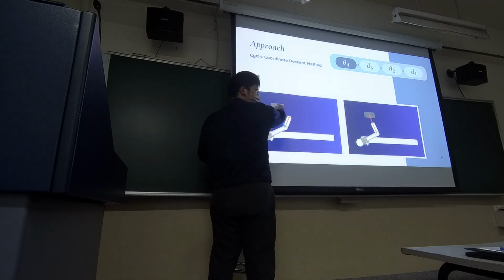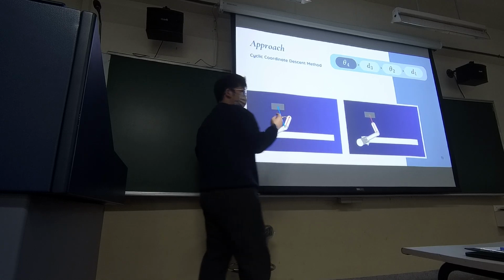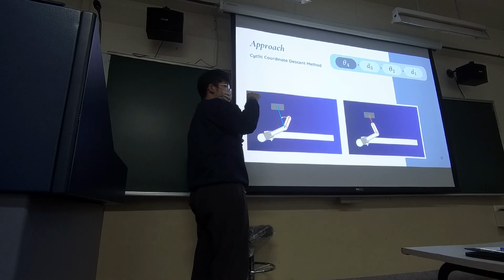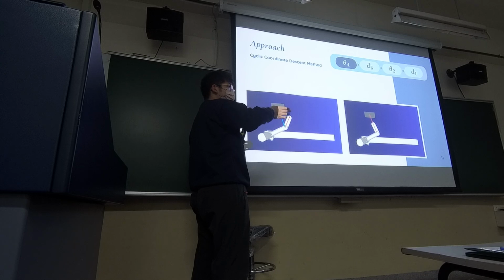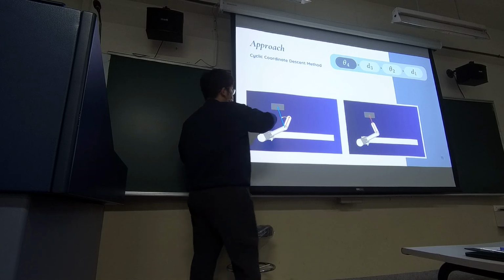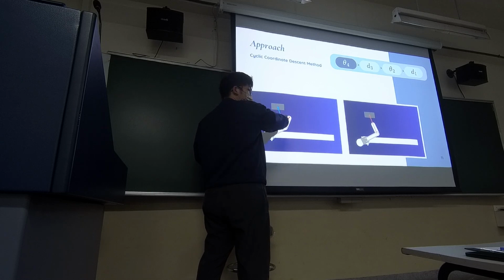We have the target, and then we can use the gamma and the tools to find a new target, and then we use the CCD to let the joint reach the new target.